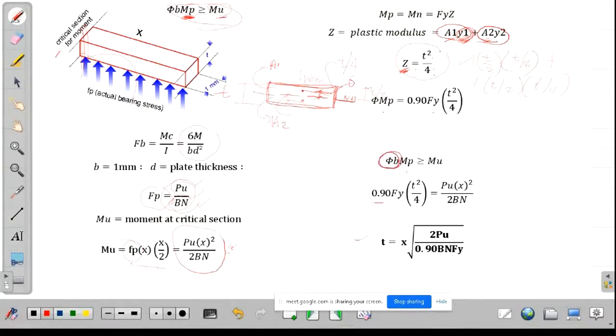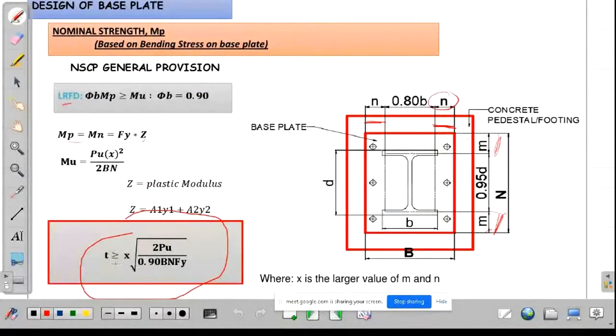So pag ASD, that is over factor na omega. Okay? So kaya natin nakuha itong equation for thickness that should be greater or equal to x square root of 2 Pu over 0.9 B and Fy. So ganyan yung pagkuha ng equation ng t natin.